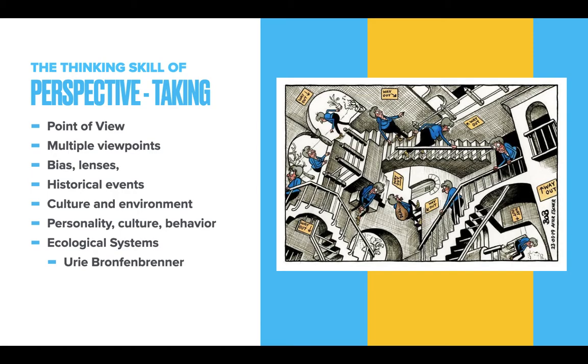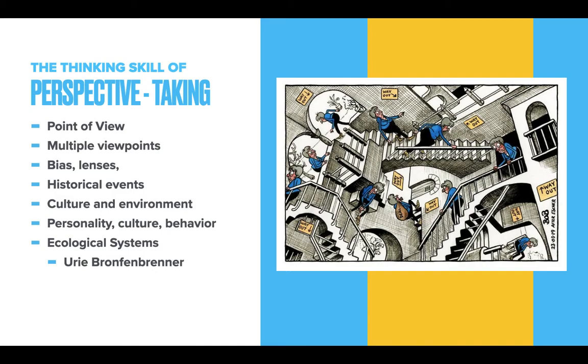If you really want to dive deep into this, there's a theory of ecological systems, and the theorist's name is Urie Bronfenbrenner. He takes a person and breaks that person's viewpoint of the world down through different systems, whether it be family-based, the geographic location where the person grew up, or the values within that culture, that society, that government structure.